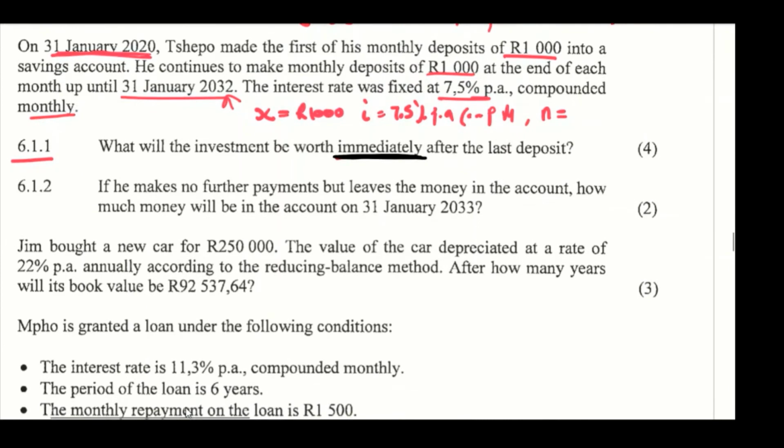Now we're going to write 6.1.2, this one here. If he makes no further payments but leaves the money in the account, how much money will be in the account in 2033? So if you make investments into an account, and remember this is 2020, the last investment was made in 2032.